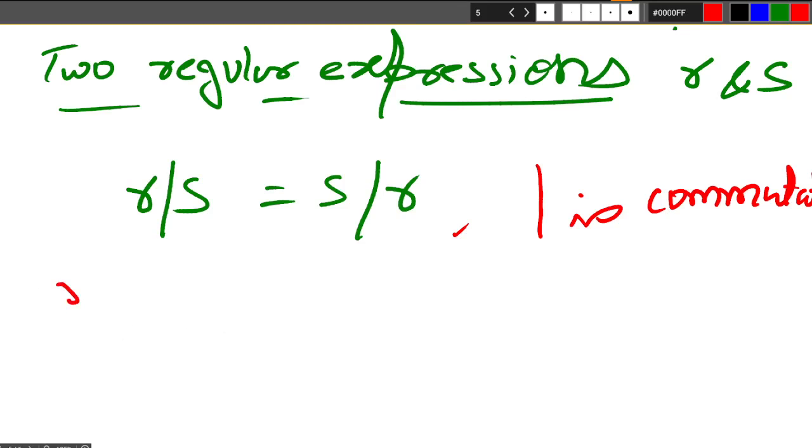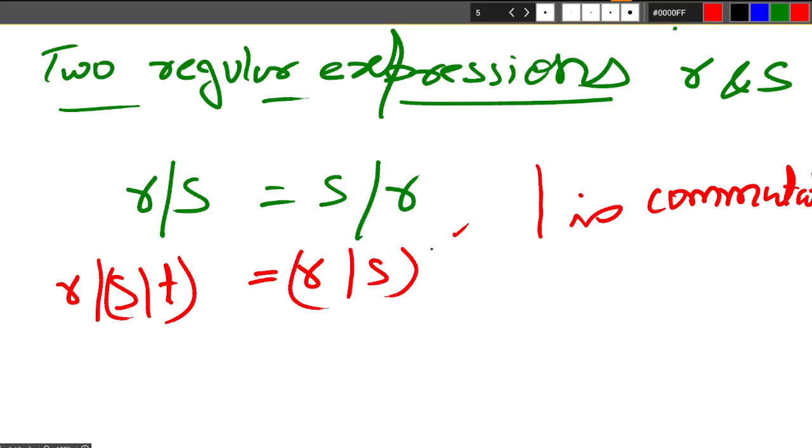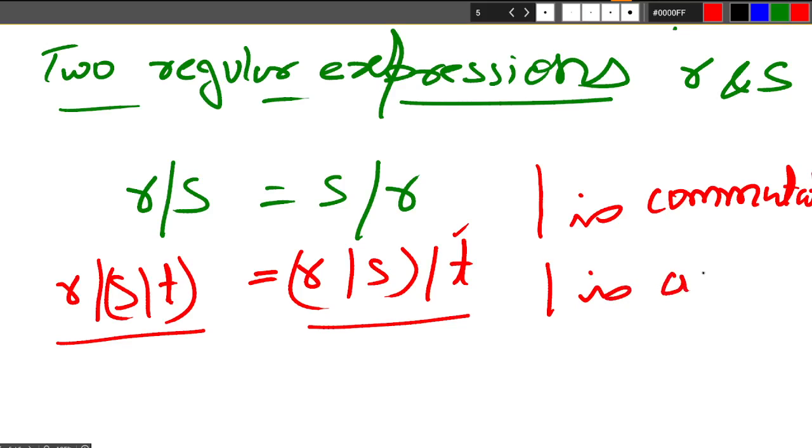If you have R or S or T, is it equal to R or S or T grouped the other way? Actually it is equal, no problem. If you are writing like this, you can write like this. In that case, you can say that this operation is also associative.